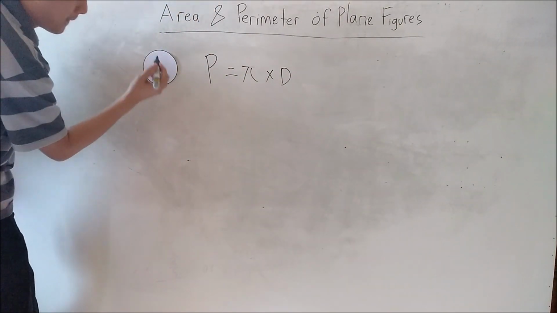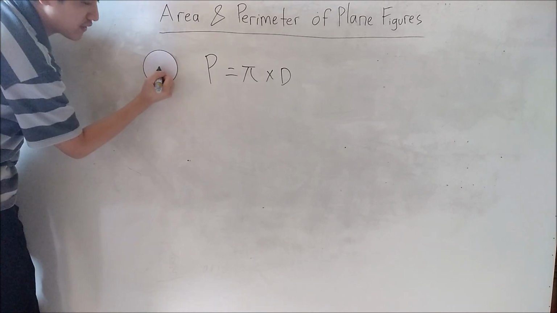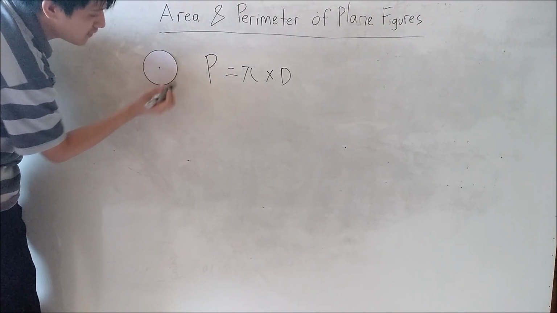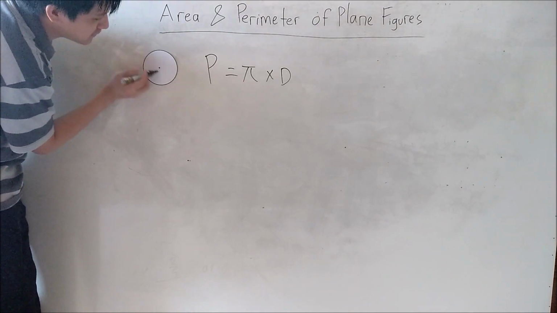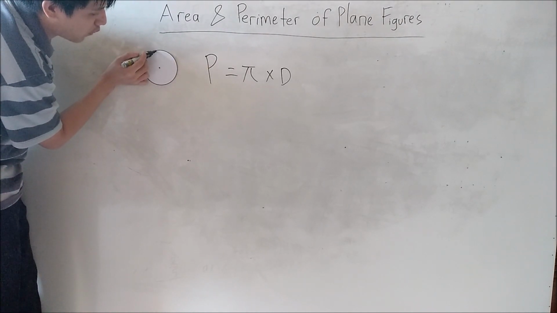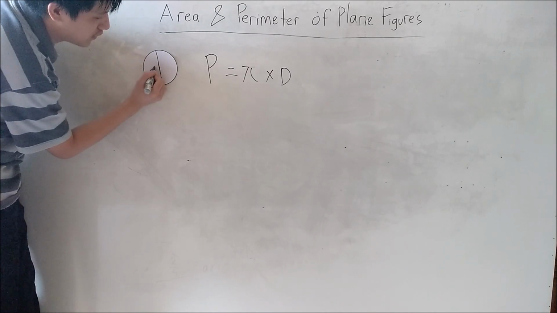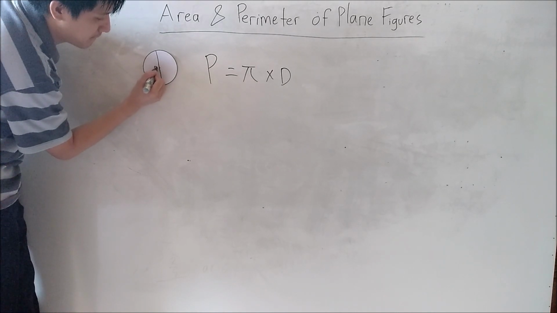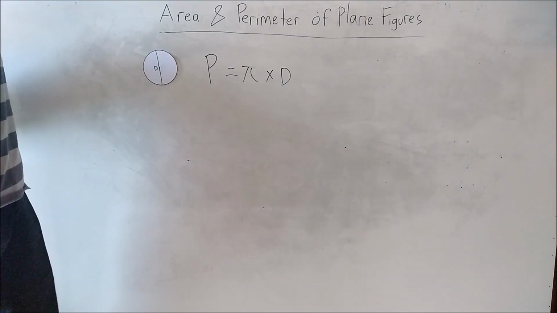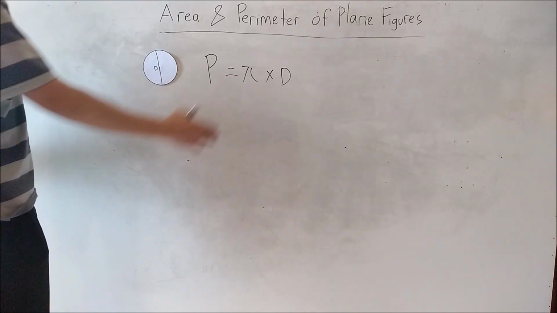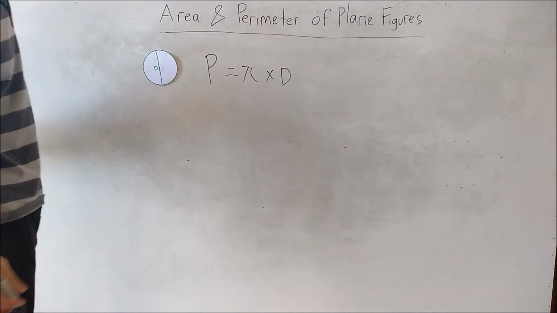Every circle has a middle or a center point. Diameter is when a line goes through the center point from one side to the other side. This is called diameter. And that's how you get the perimeter of a circle, by pi times diameter.